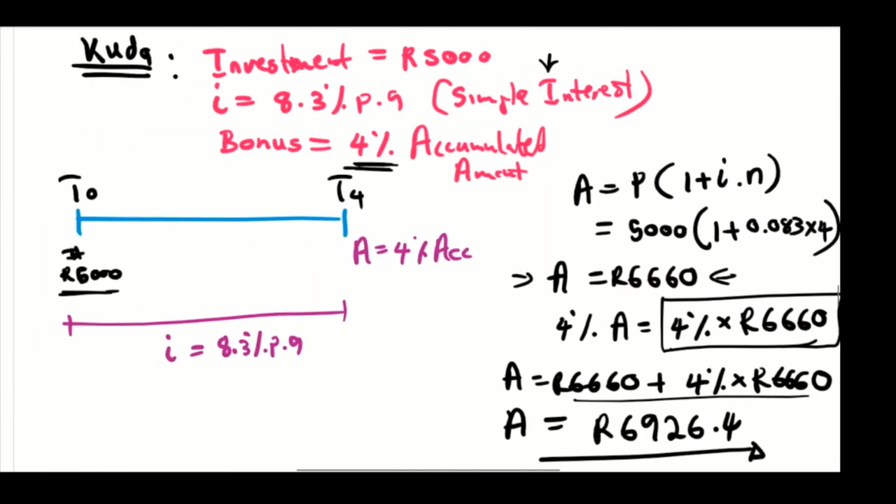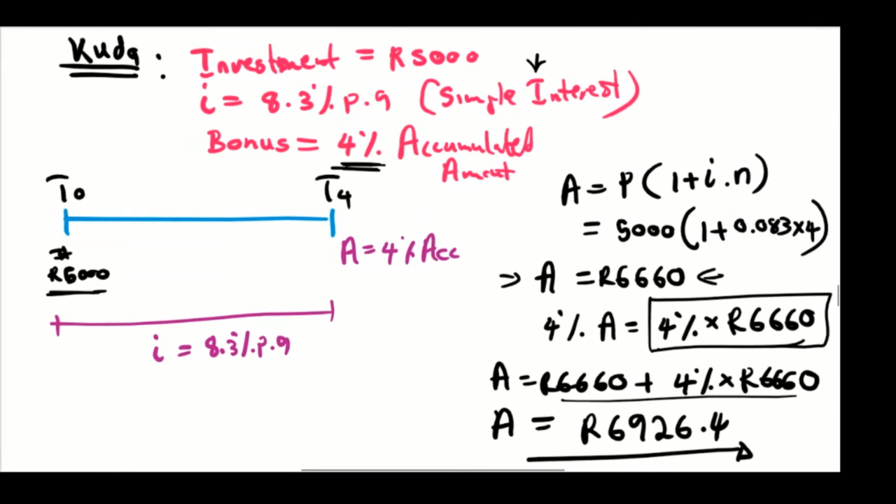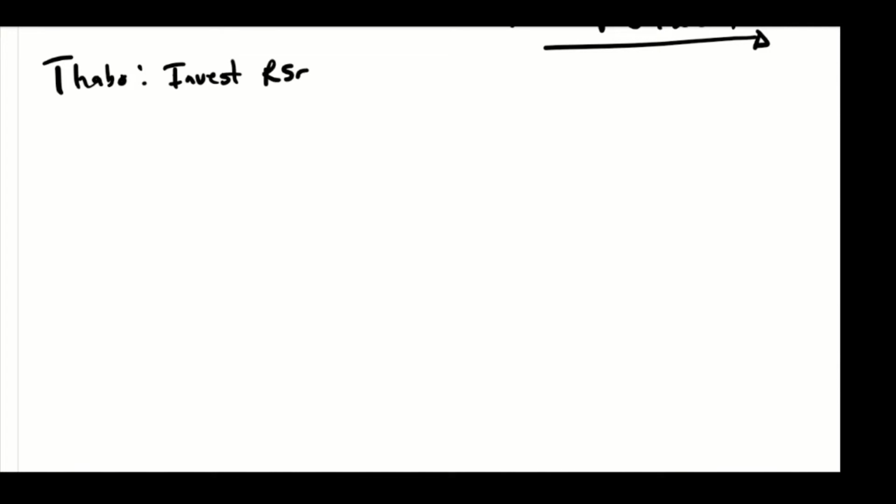So for Thabo, let me just do this. He also invests an amount of 5,000 Rand at an interest rate of 8.1% compounded monthly for a period of 4 years. N is equal to 4 years.